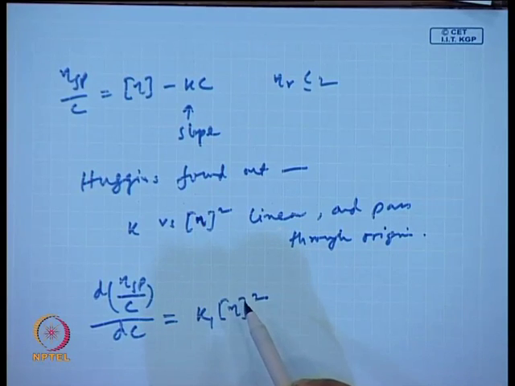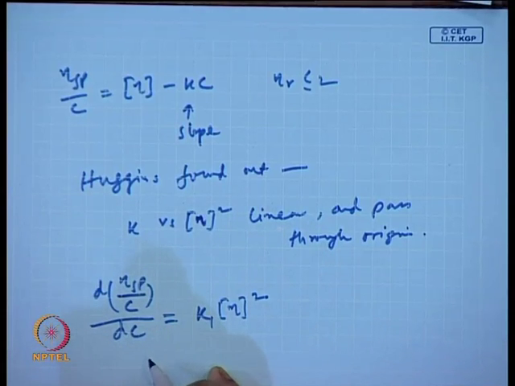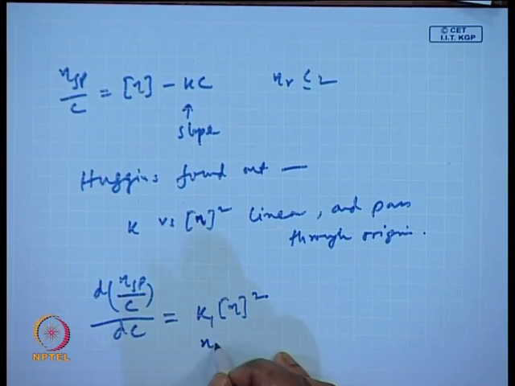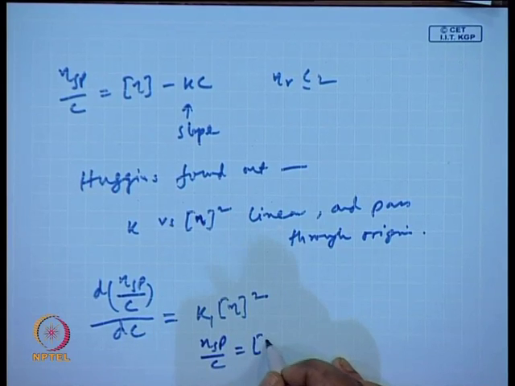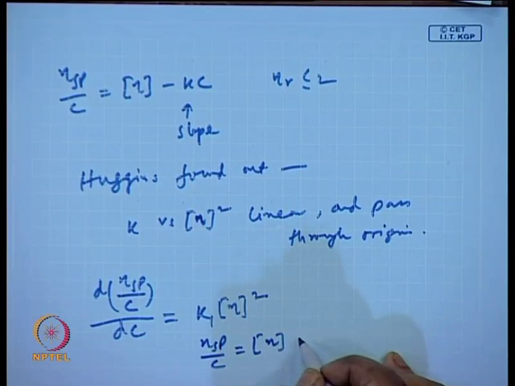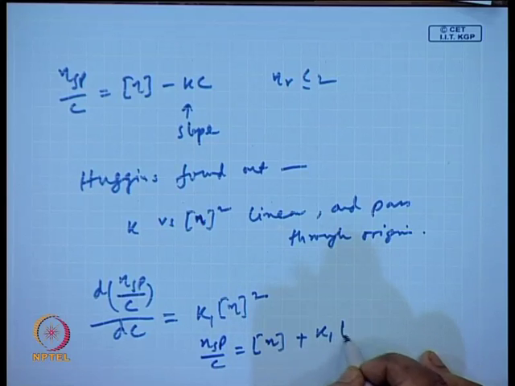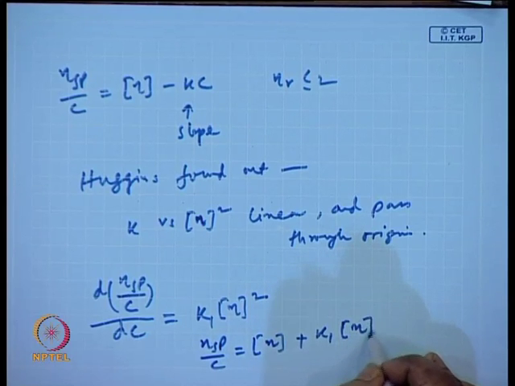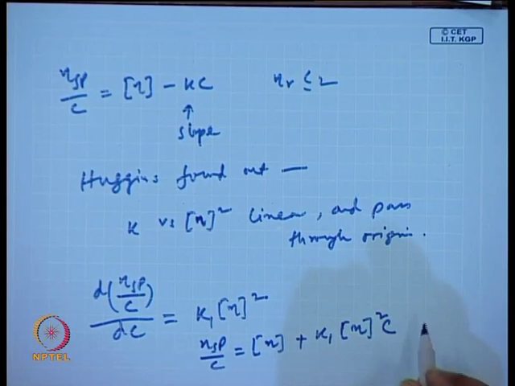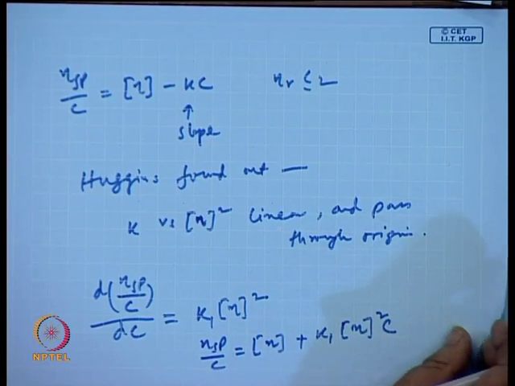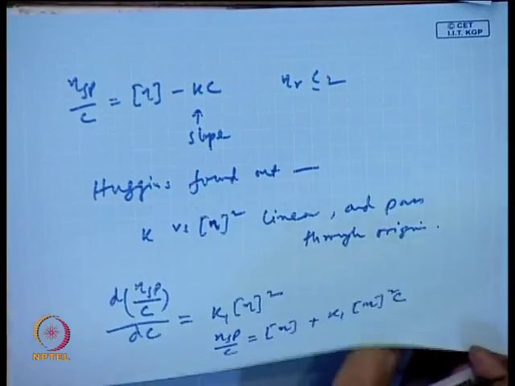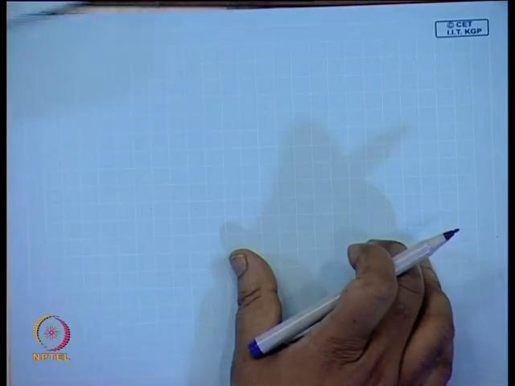Now, you integrate this, you get eta sp by C is equal to eta plus k1 eta squared C. Because Huggins has established this relationship, sometimes this k1 is written as kH.